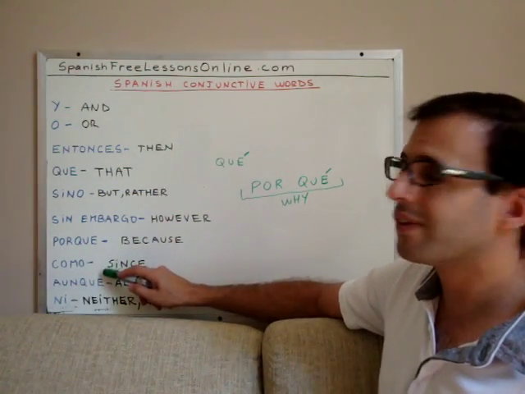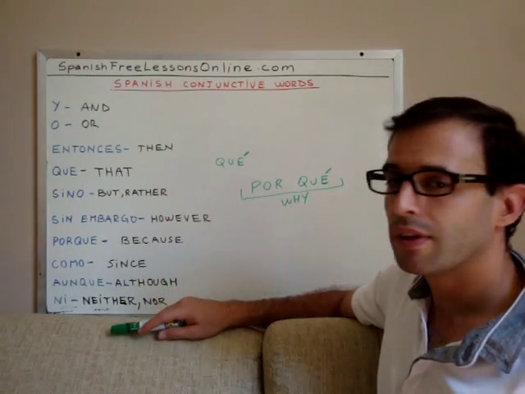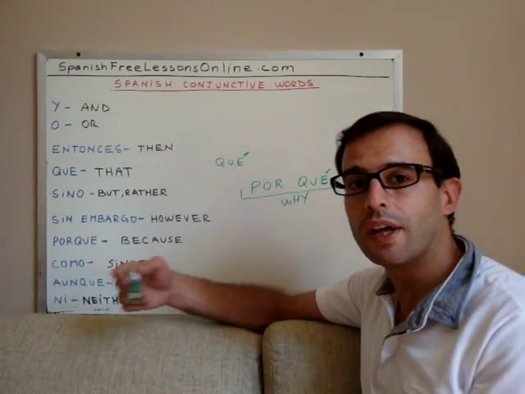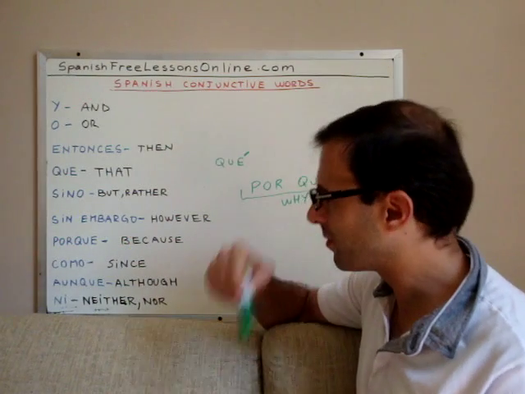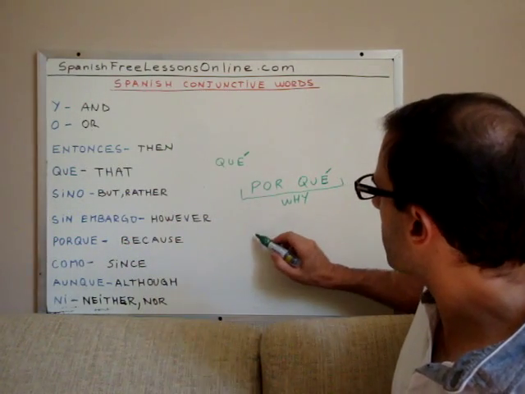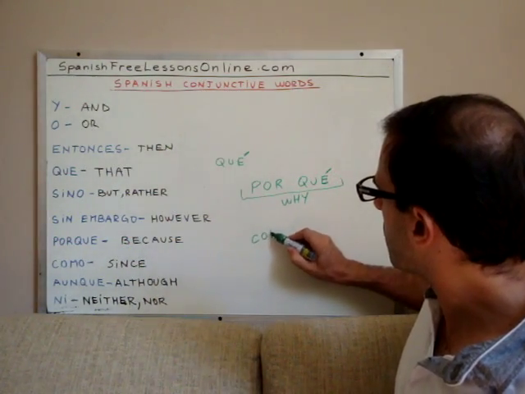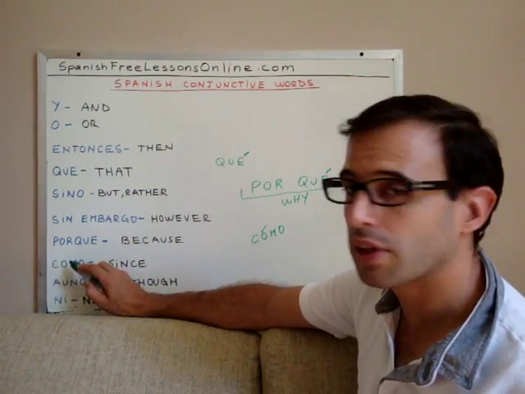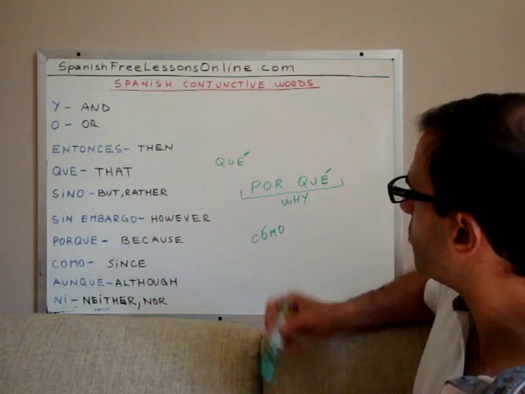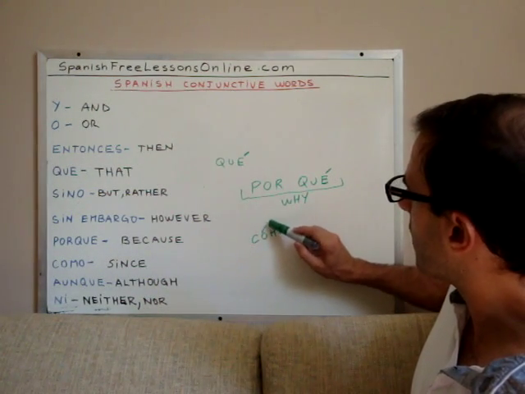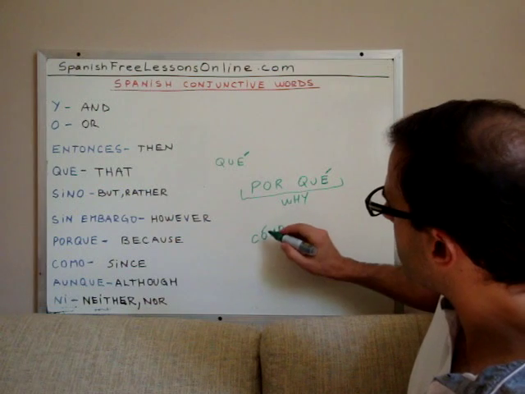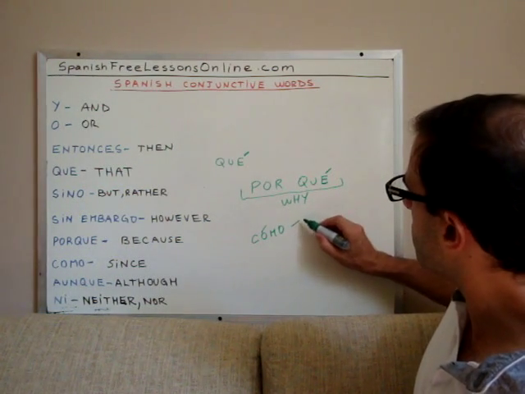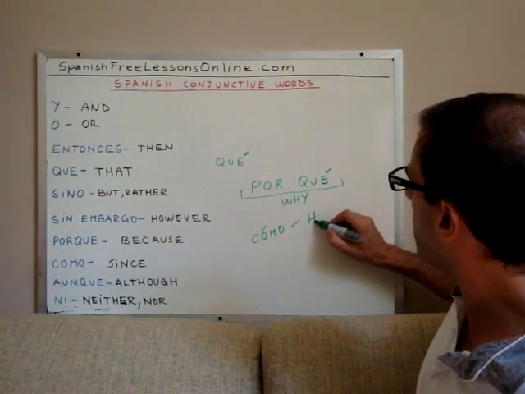Como means since. Since this, then that. Okay? However, take a look at this. This como hasn't got a tilde on the O. However, if you write cómo with a tilde on the O, this means how.